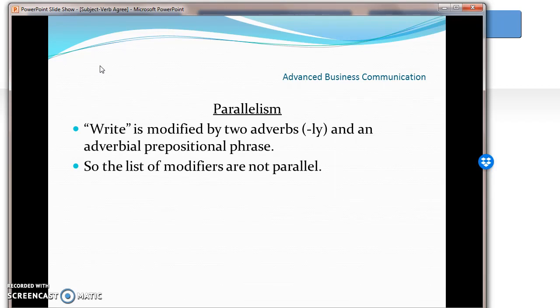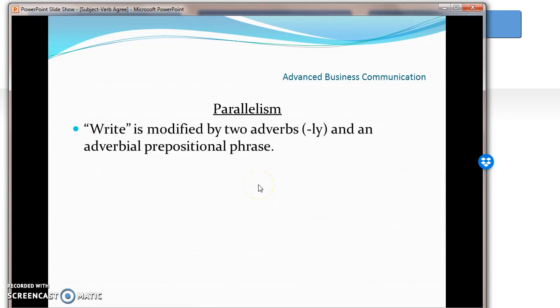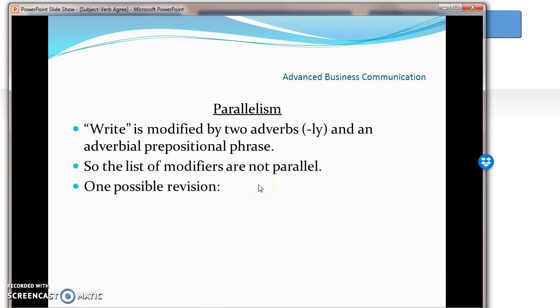So that means that list of things that's tacked on to the verb is not parallel. Let me go back to it. You'll see that quickly, accurately, in a detailed manner. It's not one of those ly words. It's different. So how can we revise it?